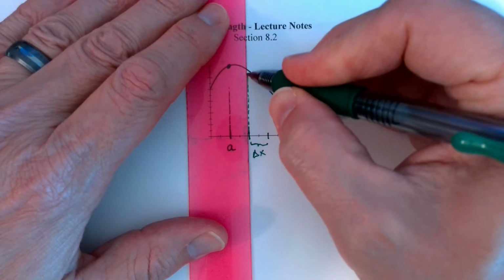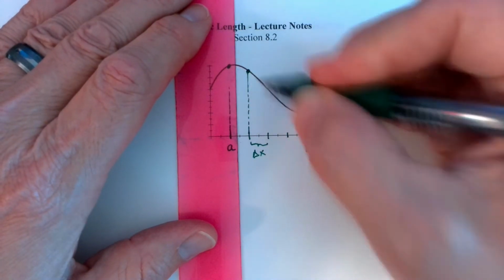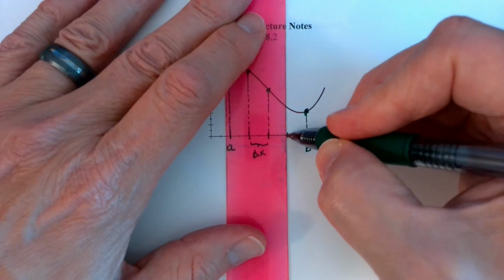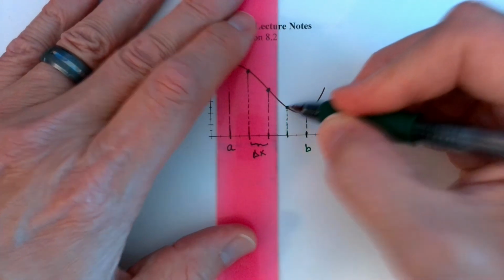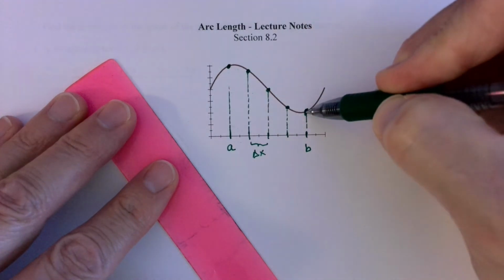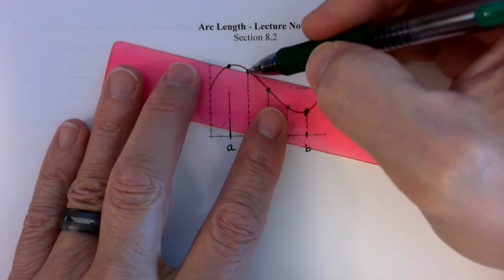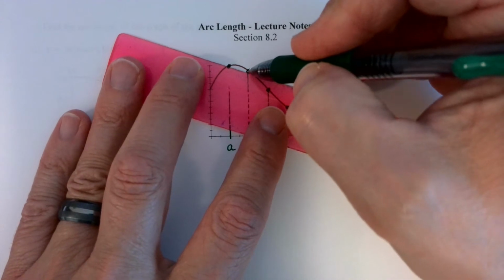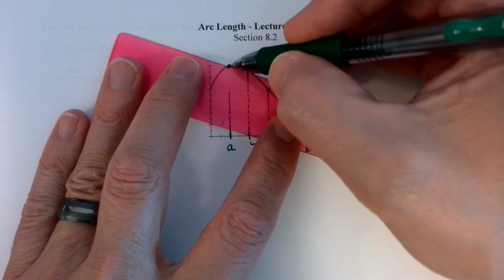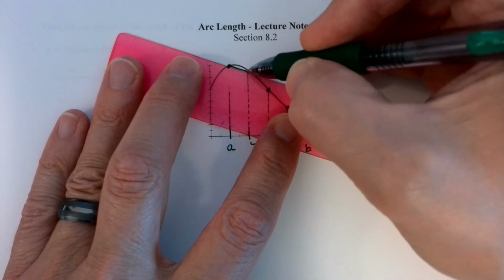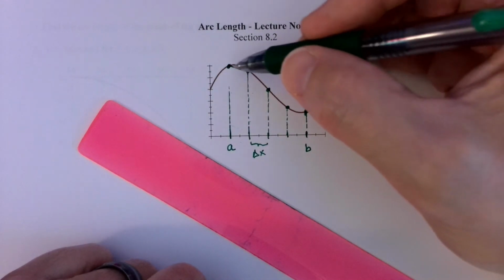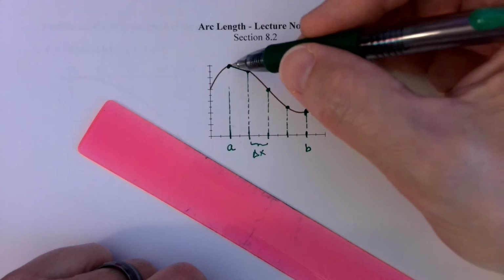And so I'm going to find the value of the function at each of these endpoints of my subintervals. To approximate the length of this curve from this point all the way down to this point, I'm simply going to take these endpoints of our subintervals, find the value of the function, connect the heights of the function at those two endpoints, and draw that line segment.